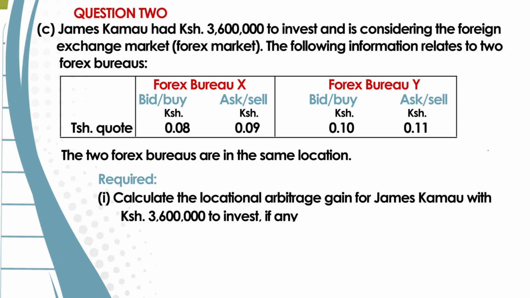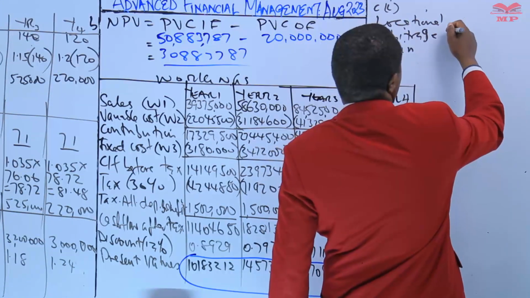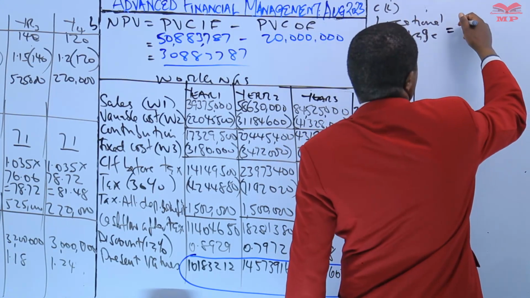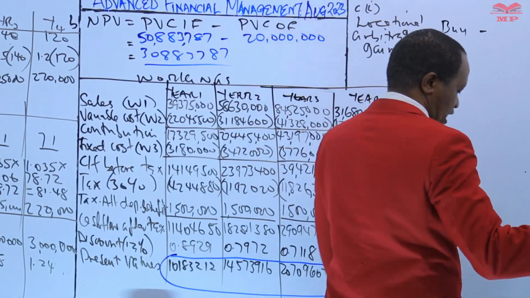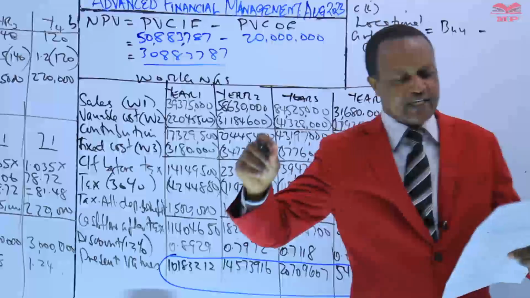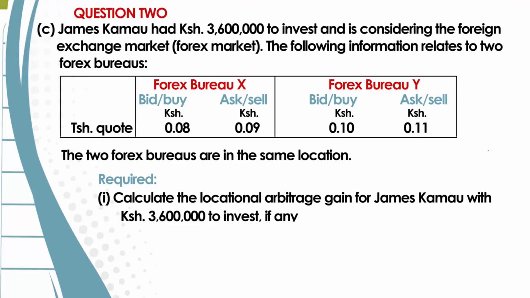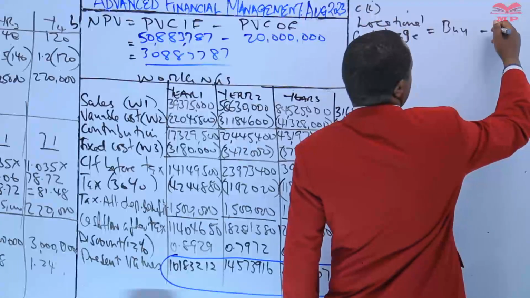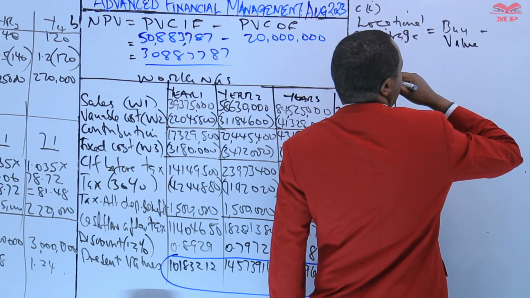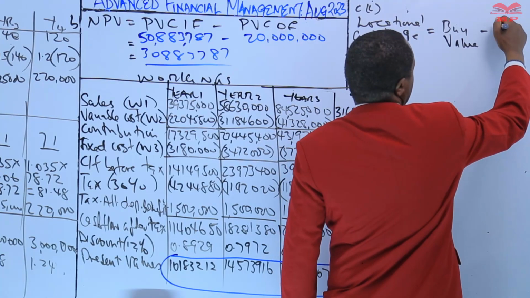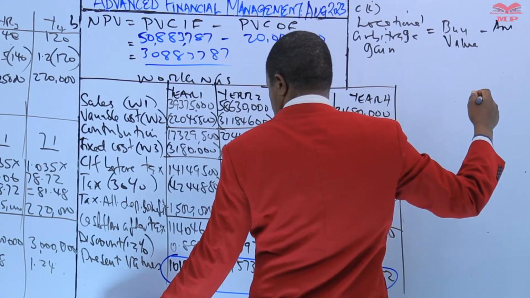So the locational arbitrage gain will be equal to the buying value minus the amount that he initially invested, that is the 3.6 million.